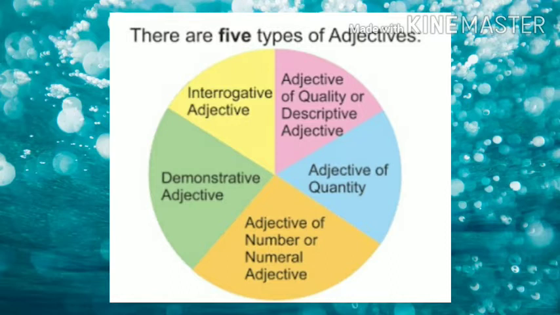The five types are interrogative adjectives, adjectives of quality or descriptive adjectives, adjectives of quantity, adjectives of number or numeral adjectives, and finally demonstrative adjectives.